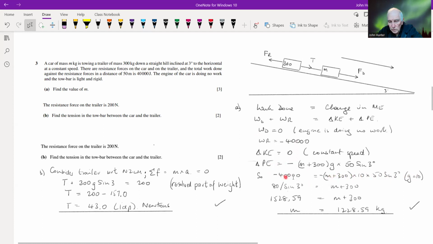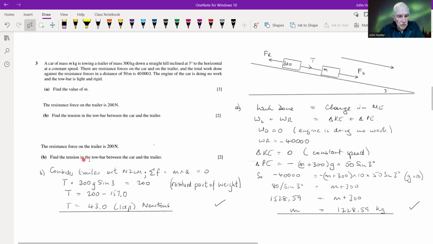It's purely in m, so we can just do a bit of manipulation on this, and we work that through to m equals 1,228.59 kilograms. I think that's to 2 decimal places. The tick, by the way, isn't some kind of self-congratulation. It means it's been checked against the mark scheme.